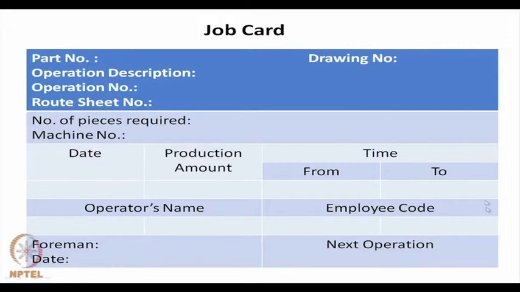This is given to an operator, and the operator knows what he has to do. This is a sample job card, giving details of the name of the operator, name of the operation, machine required, the schedule and the next operation.